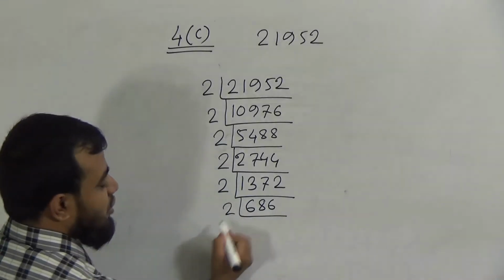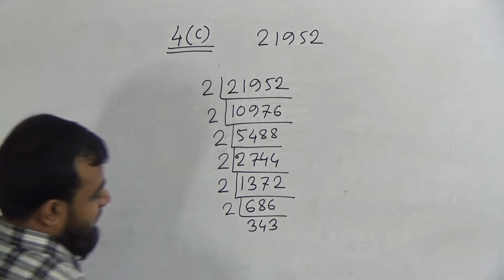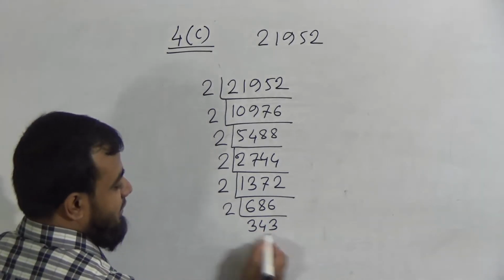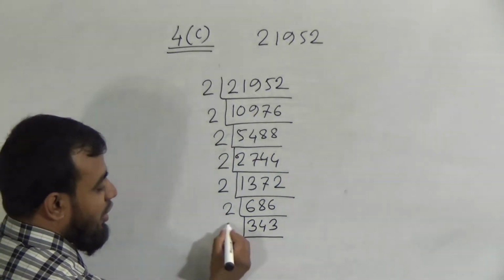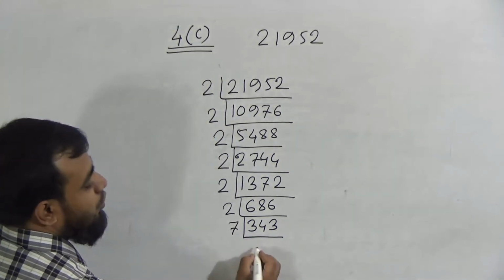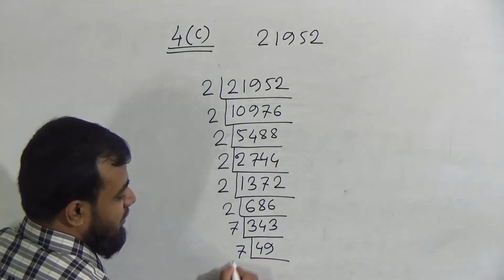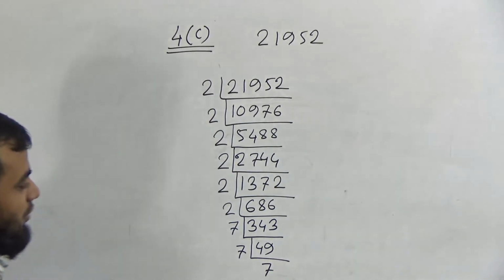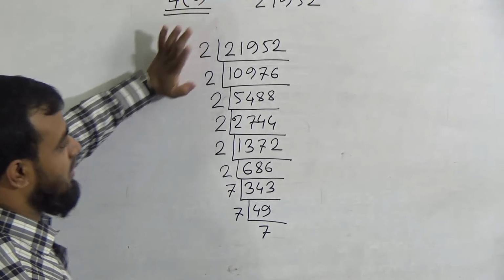We'll get 343. Now this is not an even number. We can't divide by 2. We can divide this number only by the prime number 7. We'll get 49. If we divide 49 now by 7, we'll get 7. Now the resolve is done, okay? The resolve is done of 21,952.